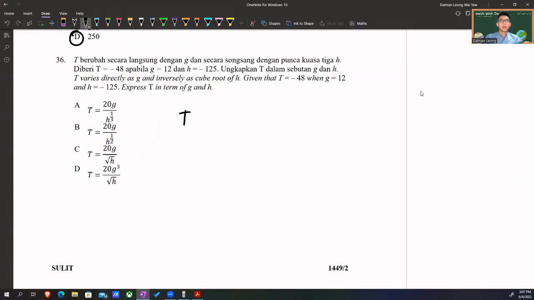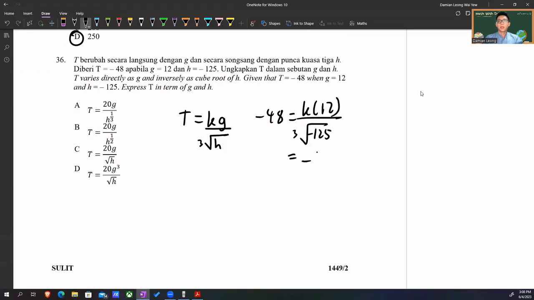Question 36. T varies directly, so equals K times G, and inversely, so over the cube root of H. So just substitute in the T, G, and H values and find K. Negative 48 equals K times 12 over the cube root of negative 125.